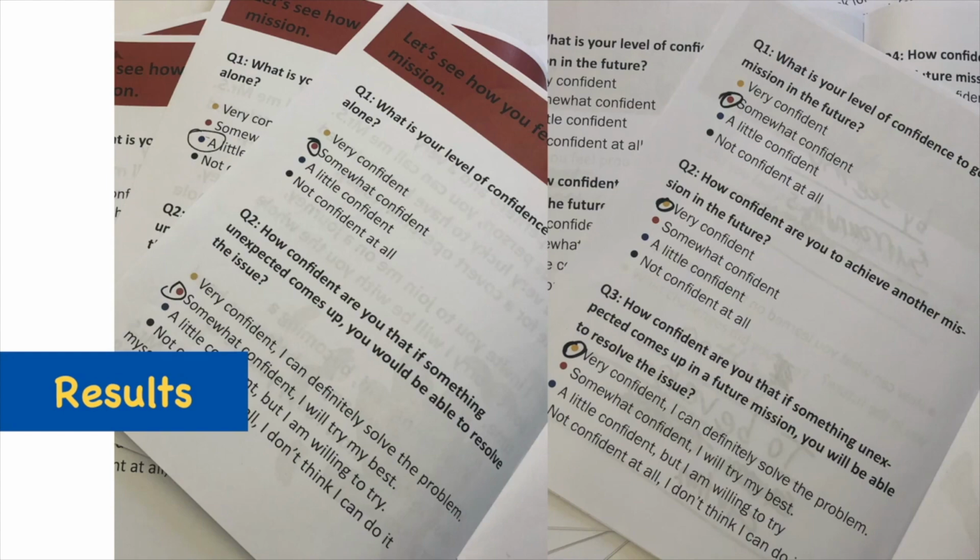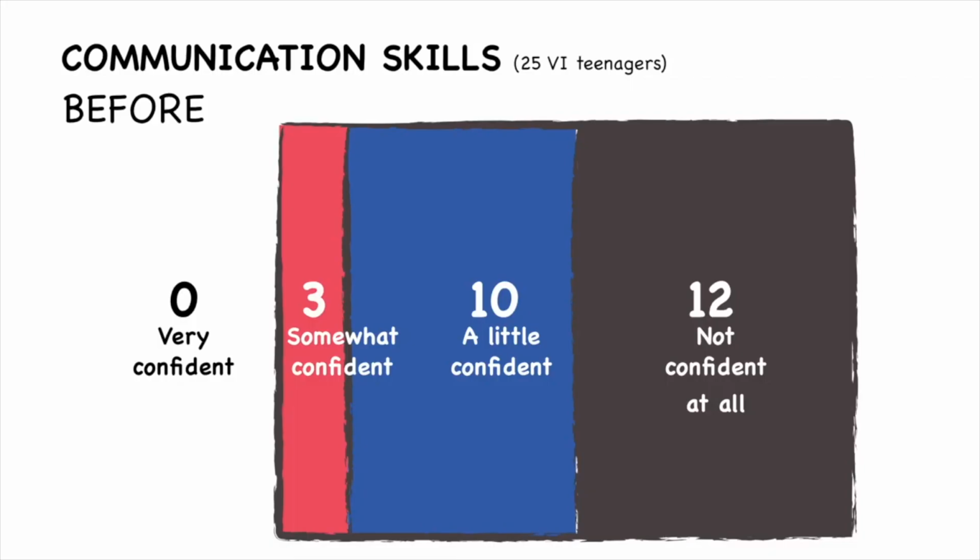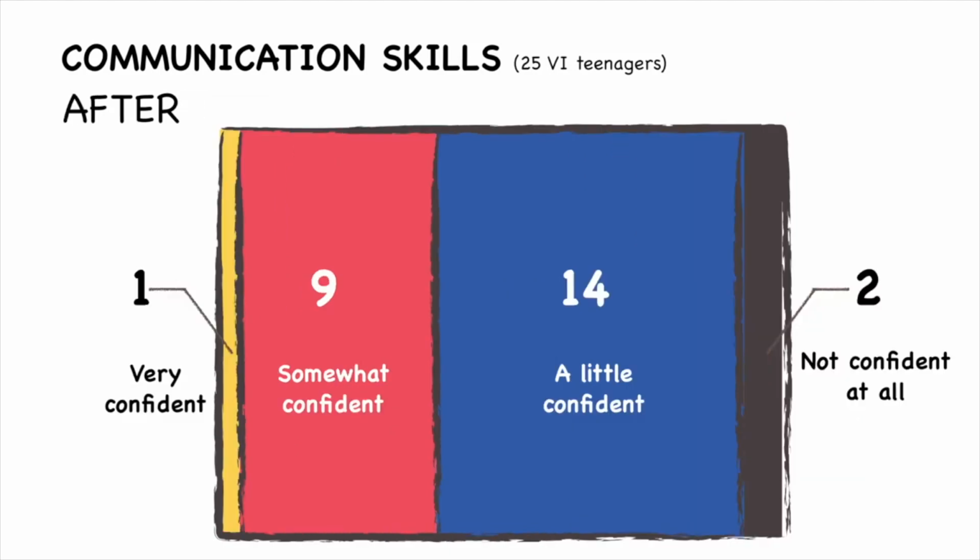I saw the change in Kevin, but what about other teenagers? To help understand what we did together and to help share this sense of confidence with others, I designed a survey to measure the success of my intervention. Before See Your Superpower, most of these teenagers didn't feel confident in communication.